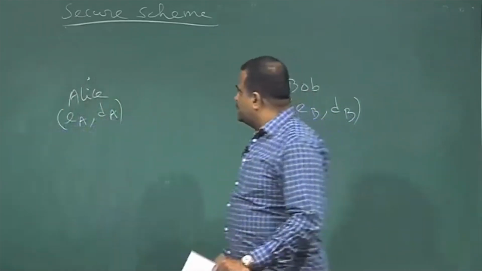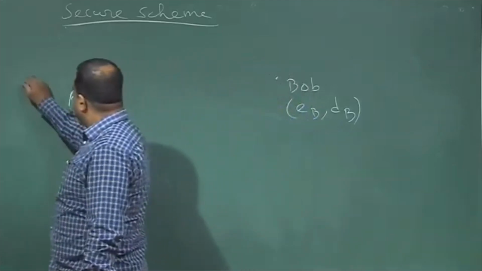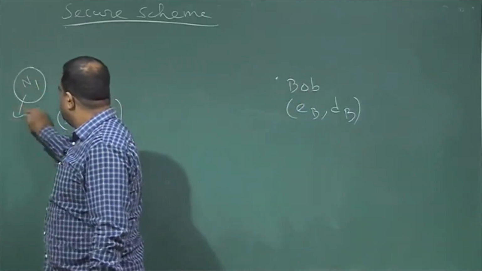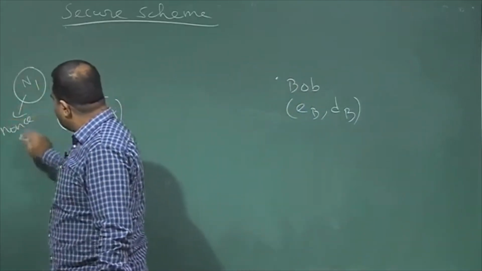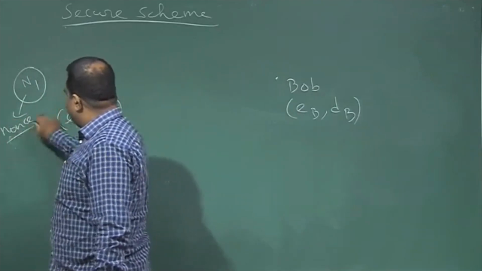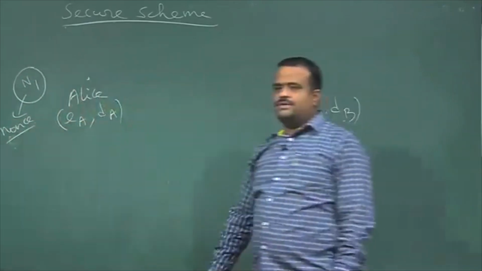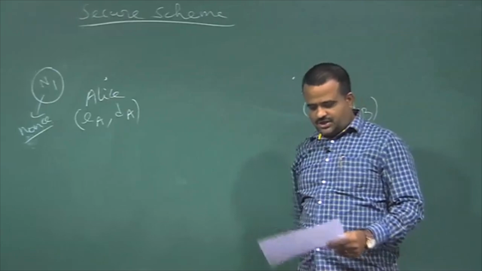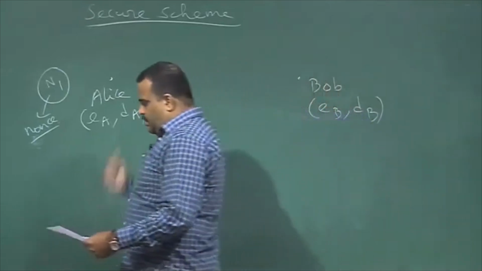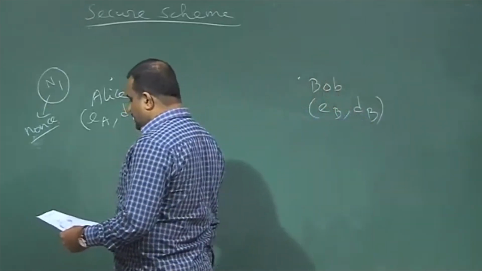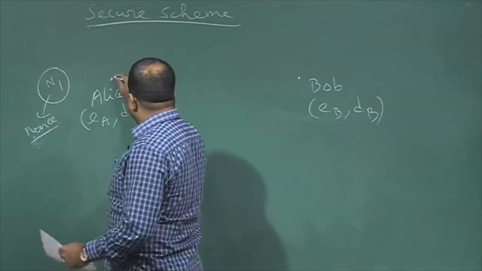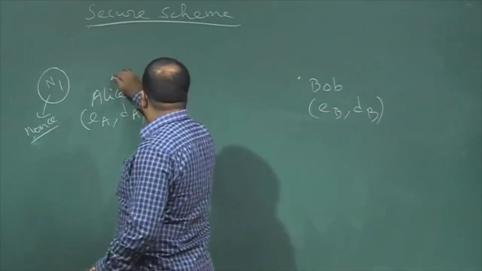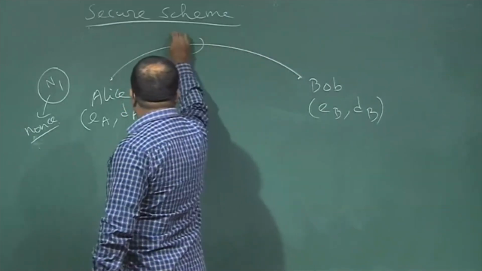Now what is Alice doing? Alice is choosing a nonce. Nonce is typically a timestamp for this particular communication. So this is the first communication, number 1.